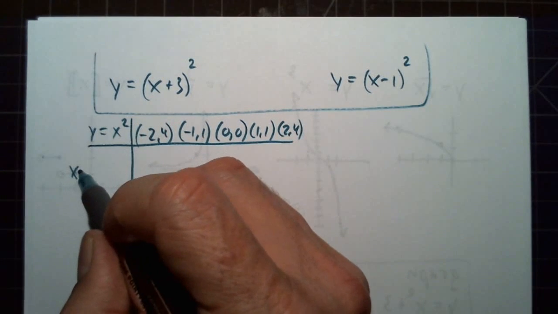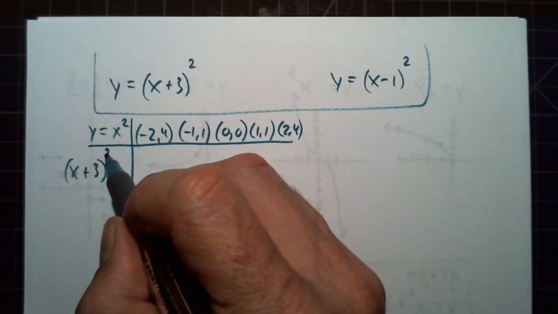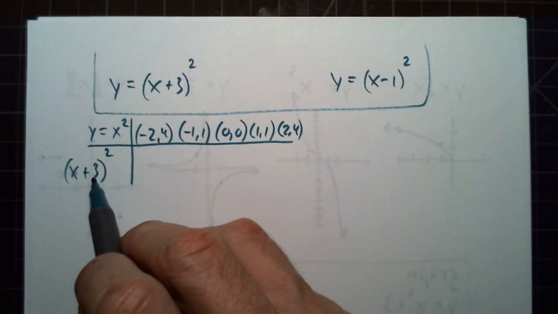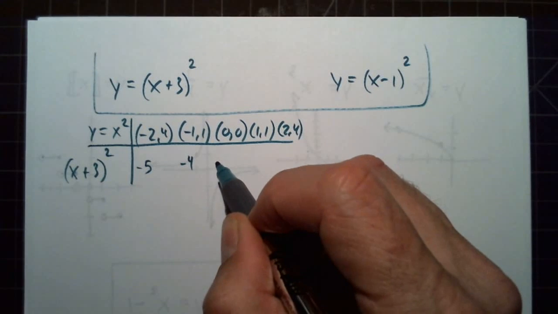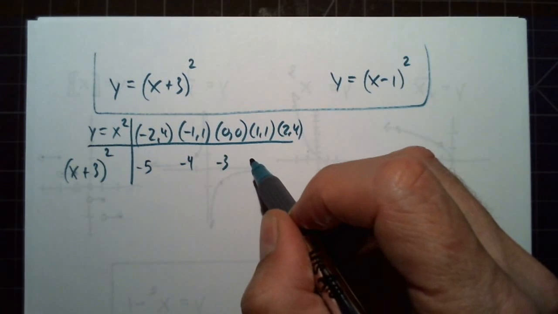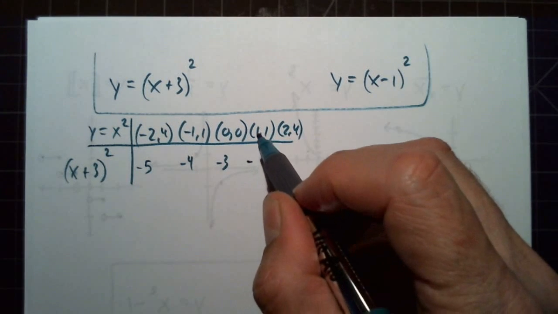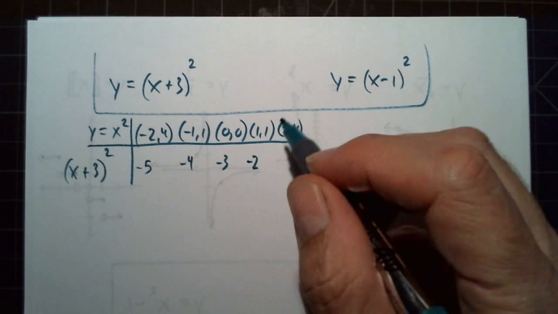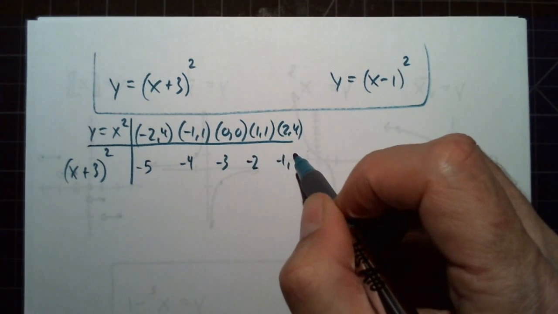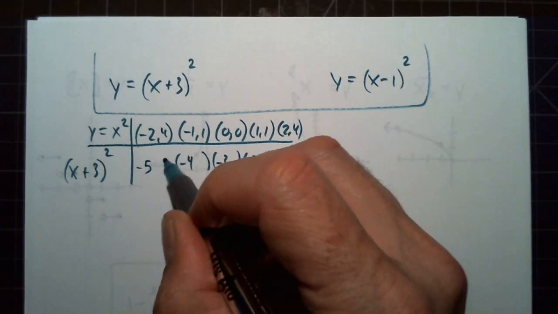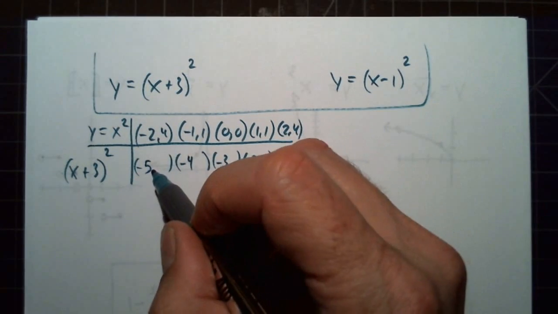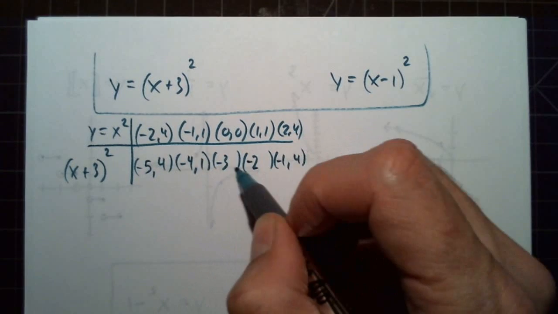And then x plus 3 squared is going to be subtracting 3 from all the x values. Minus 3 from that, minus 3 from that. So we subtracted from the x values, and we don't change the y value.